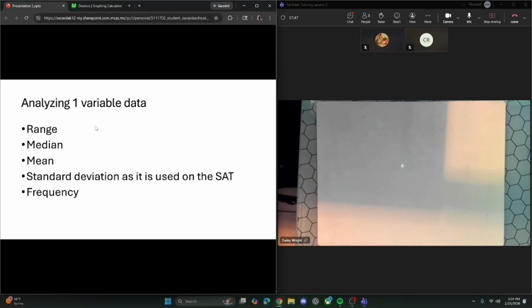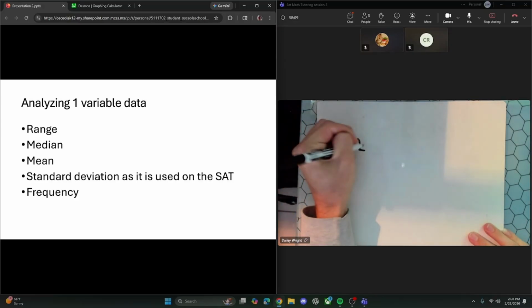This is about analyzing one variable data. These questions will talk about the range, mean, median, standard deviation, and frequency. The range is the maximum value of the data set minus the minimum value of the data set. The median is the middle value of the data set.